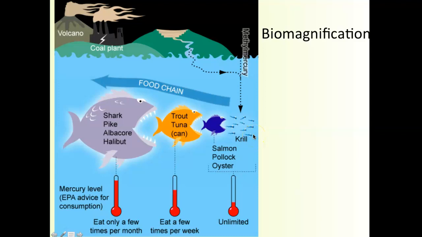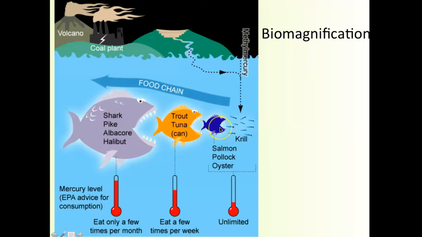The krill is eaten by salmon, it's eaten by trout, it's even eaten by bigger fish. Look at the mercury levels, the EPA advice for consumption. The mercury level in each food chain goes up because of biomagnification.